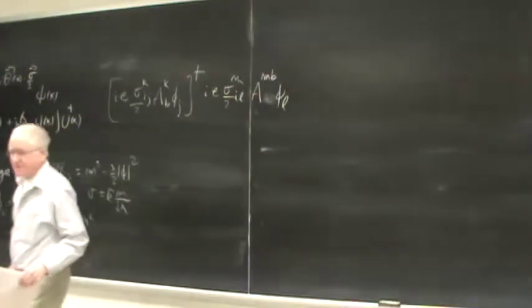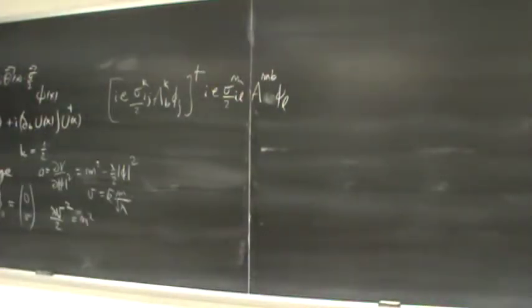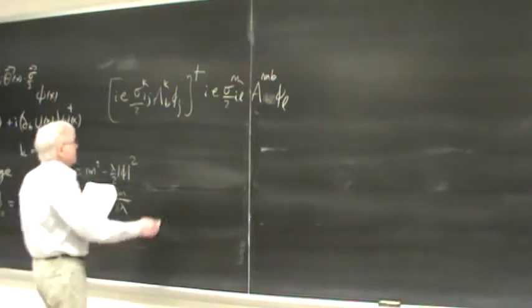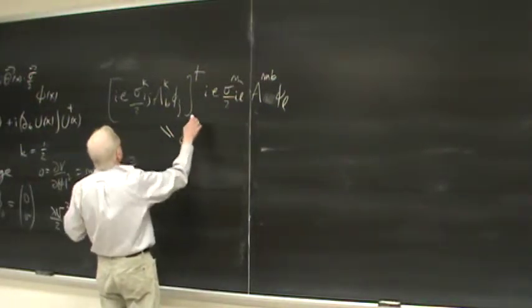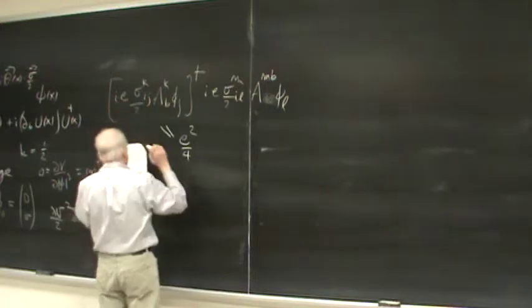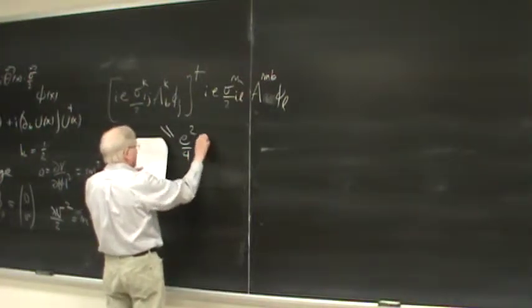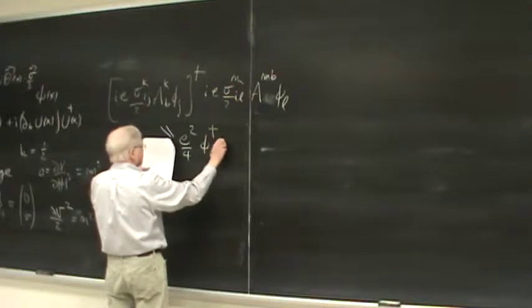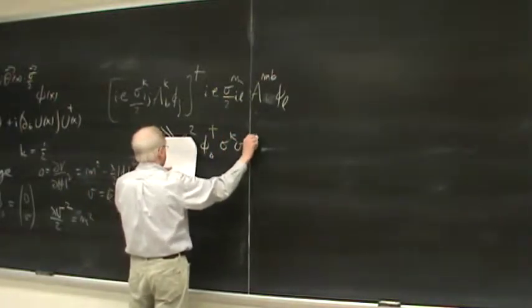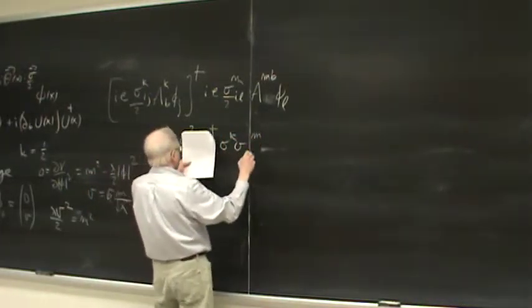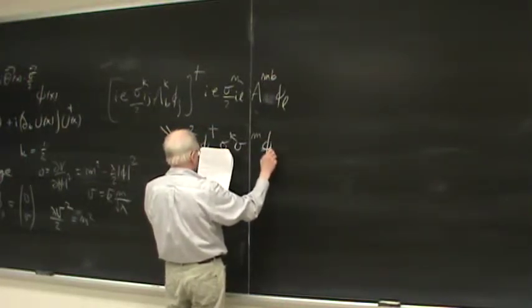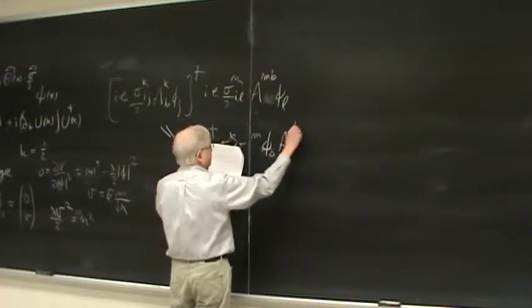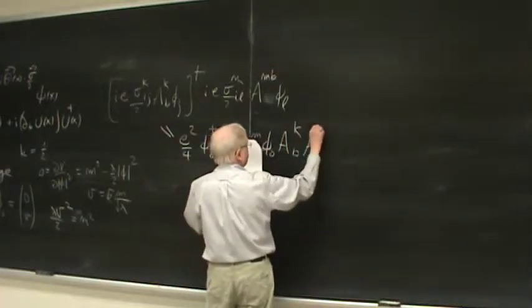So that's the mass term for the gauge bosons. And in simpler matrix notation, this is equal to e squared over 4, phi 0 dagger, sigma k, sigma m, phi 0, A k b, A m b.